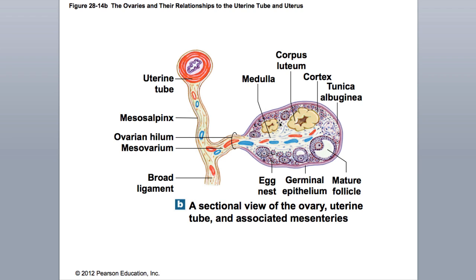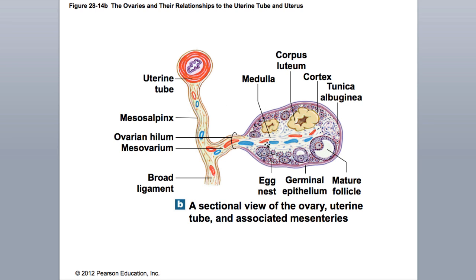Now, I'll also be mentioning days. These are typical day numbers. We're assuming that the female has a typical 28-day cycle, and that is the overall cycle.